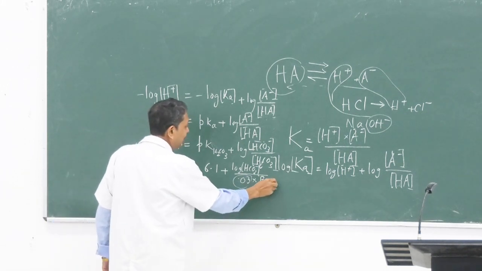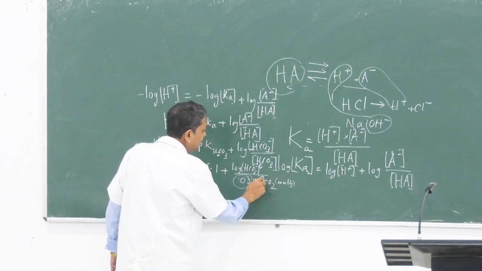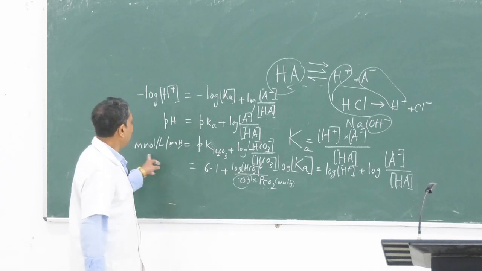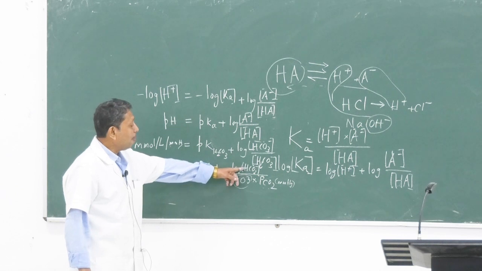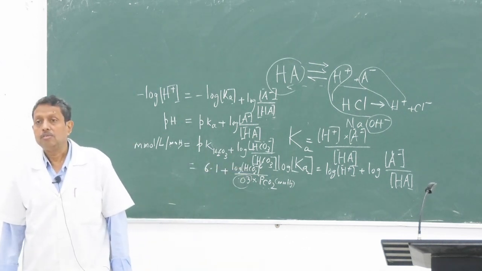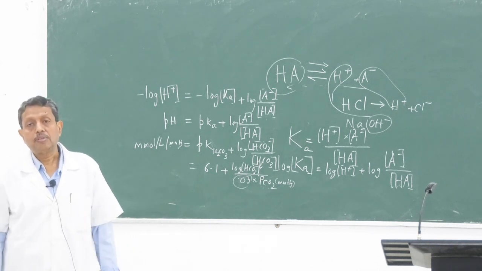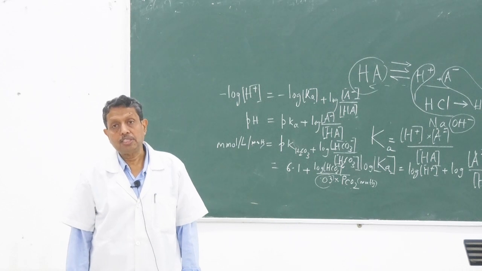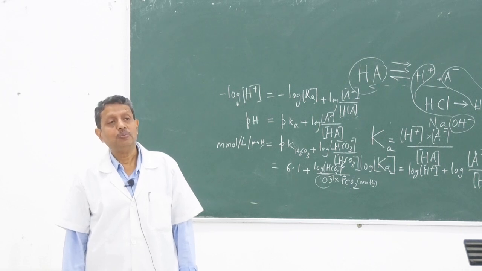If it is multiplied by the millimeters of mercury, the denominator is converted into millimole per liter, and bicarbonate is also expressed in millimole per liter. So this ratio can be calculated, and in this way you can get the value.